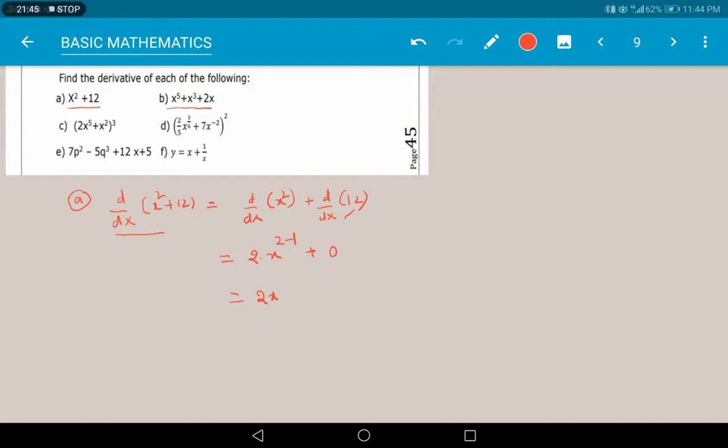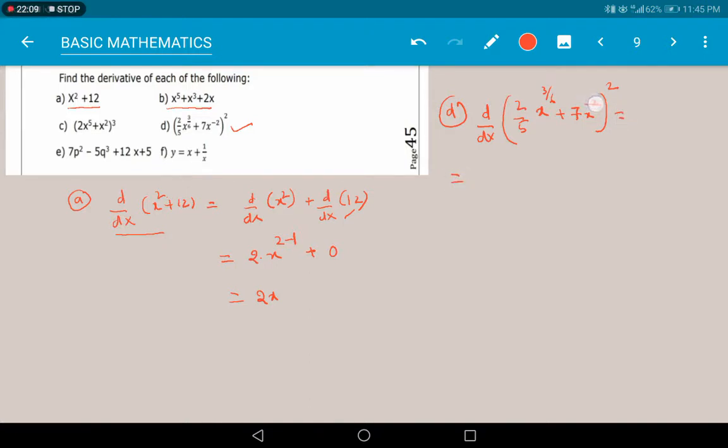Now let us see this one. Let us try to finish d by dx of (2 by 5 x to the power of 3 by 6 plus 7 x power minus 2) whole square. Okay, right.